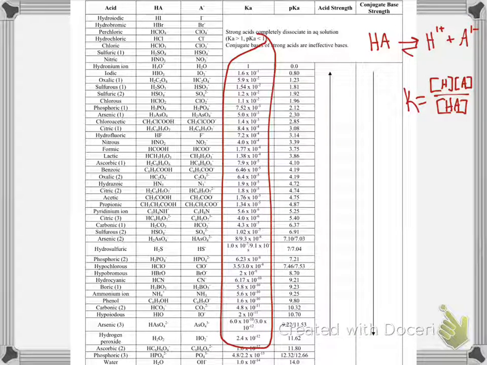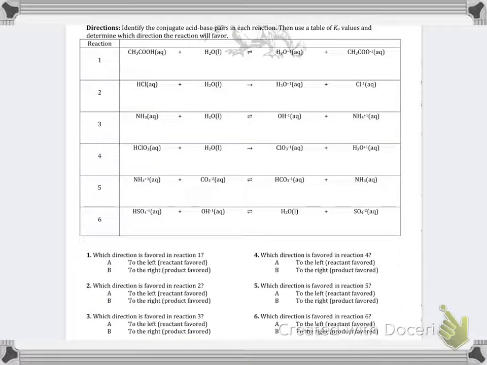Now we're going to use this chart here to help us determine in what direction other reactions are favored. So this is page 24, and what we need to do is we need to underline the reactant that is acting like an acid.